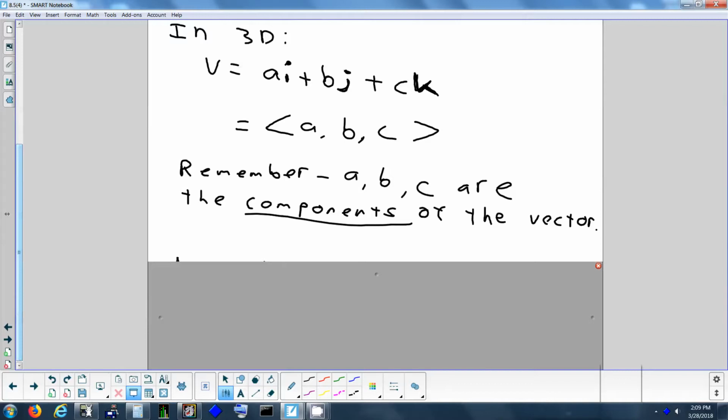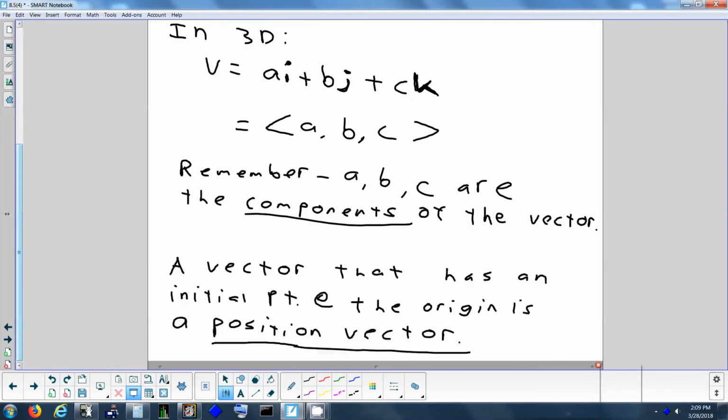Not a unit vector. Begins with a P. Yes, position vector. I wrote down the exact same definition again. You should hopefully already have that in your notes in 8.5 part 2. The definition doesn't change in 3D. If the initial point's at the origin, it's still called a position vector.